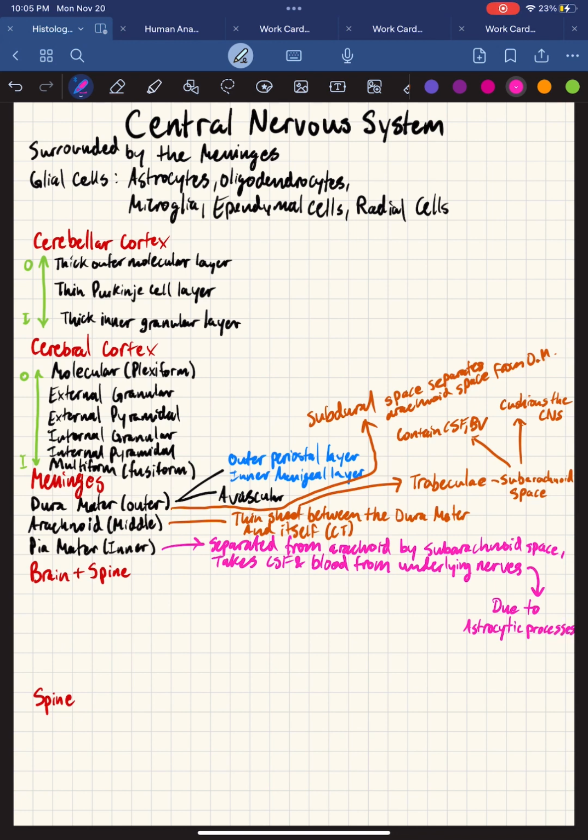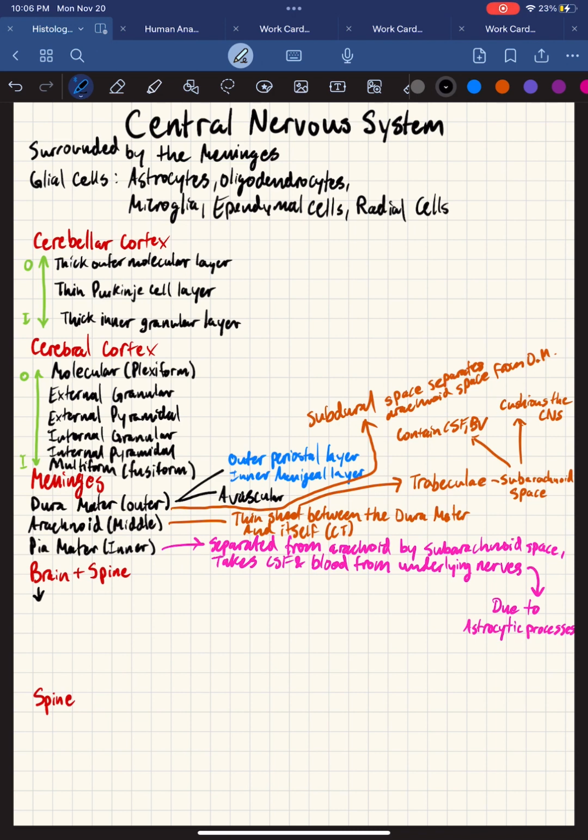Now, we are going to get into the brain and spine. So this part gets a little confusing, so just bear with me here. We're going to start off with, obviously, the brain. And so the brain, it's its own beast.